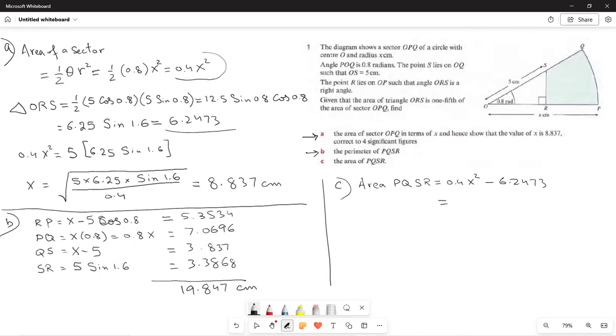When you substitute the value of x here, we got the final answer as 24.99 centimeters squared.